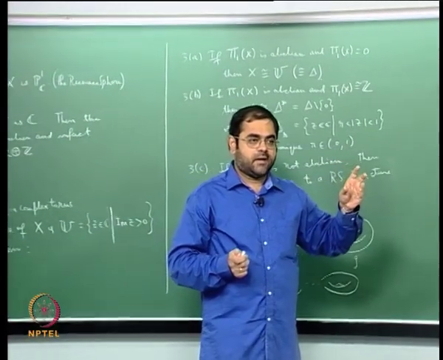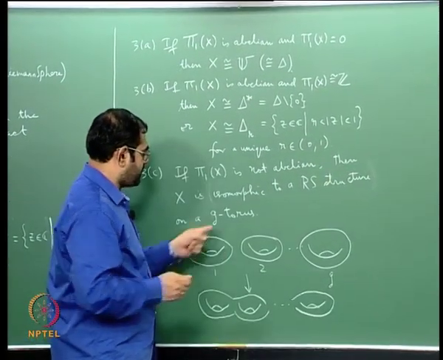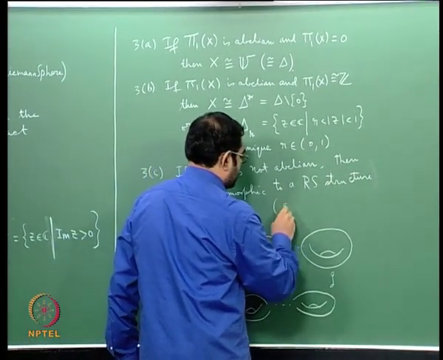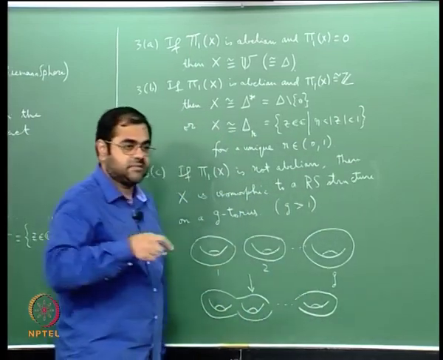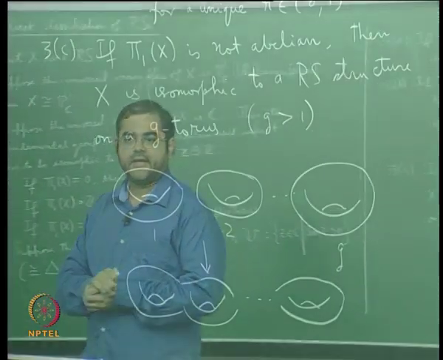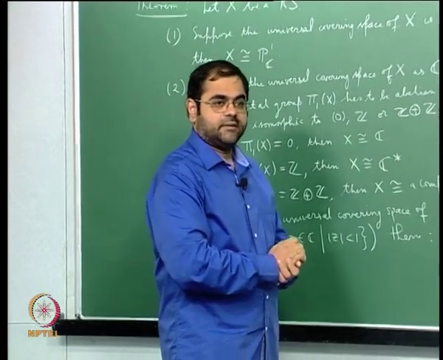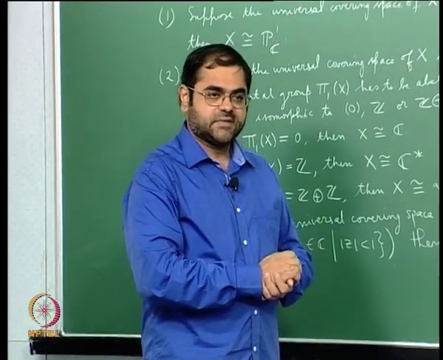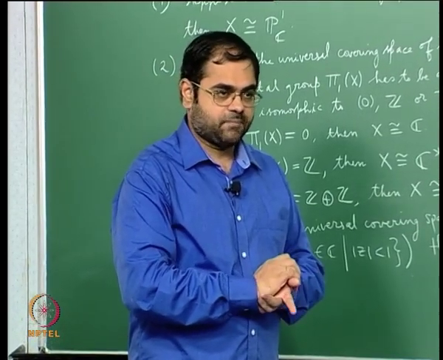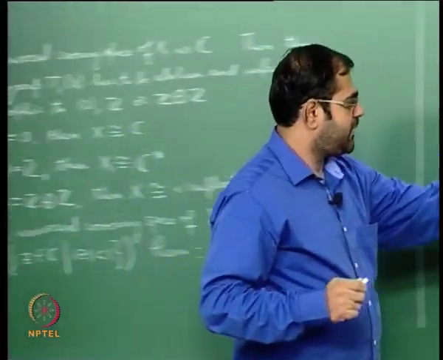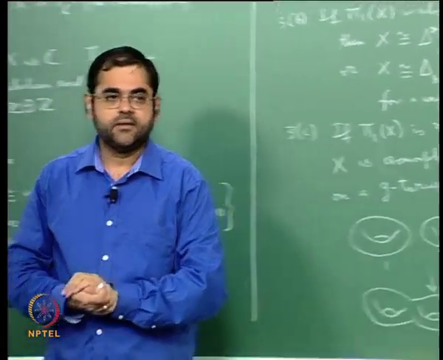And of course I should say g greater than 1, because g equal to 1 is the case of a torus, and if g is equal to 1, then the fundamental group is Z direct sum Z, and that's certainly abelian. So when I say it's not abelian, g has to be greater than 1.